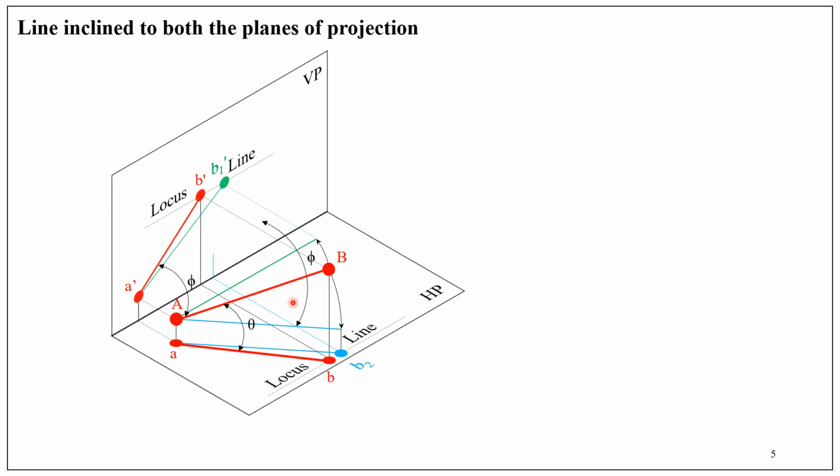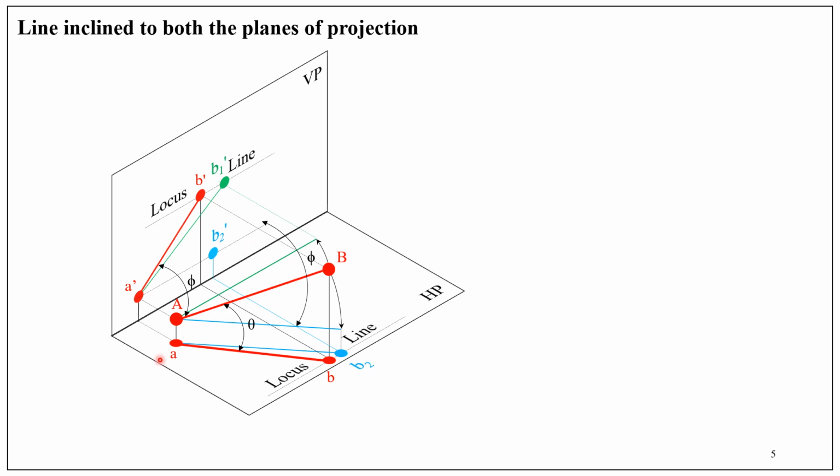The other end of the true length line is A. The projection of point A is already drawn here, that is A dash. And now to obtain the front view corresponding to this true length AB2, draw a horizontal from A dash. So that will intersect at point B2 dash.